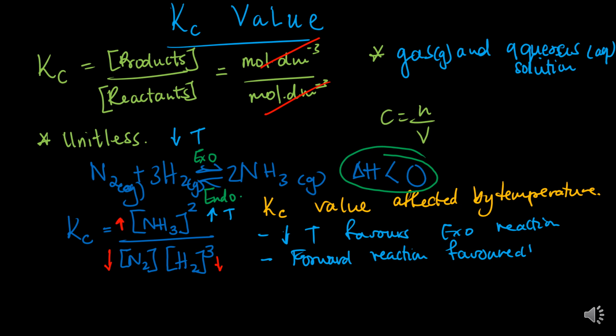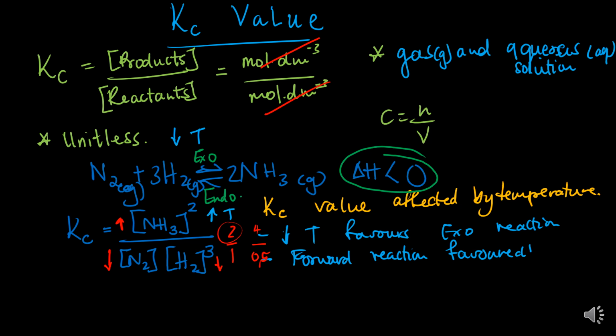So imagine before you had 2 over 1, which was giving you 2 when you have done all your values here. Now if you increase this one, let's say to 4, and this one is decreased to 0.5, then in this instance you're going to have a higher Kc value than before, right?